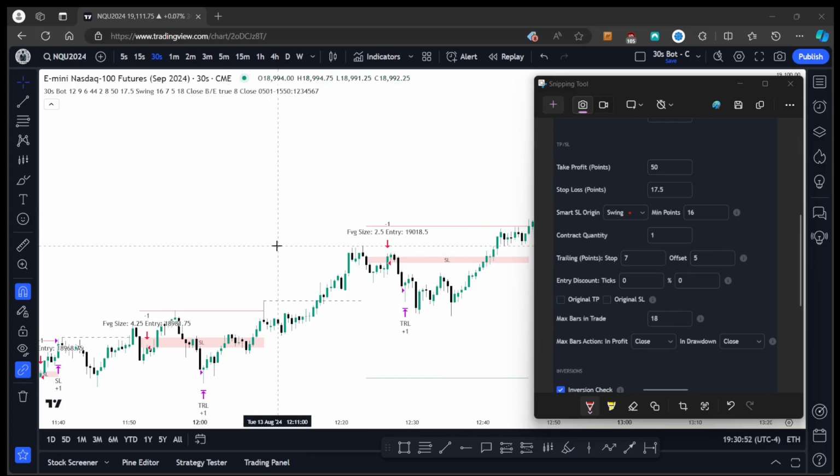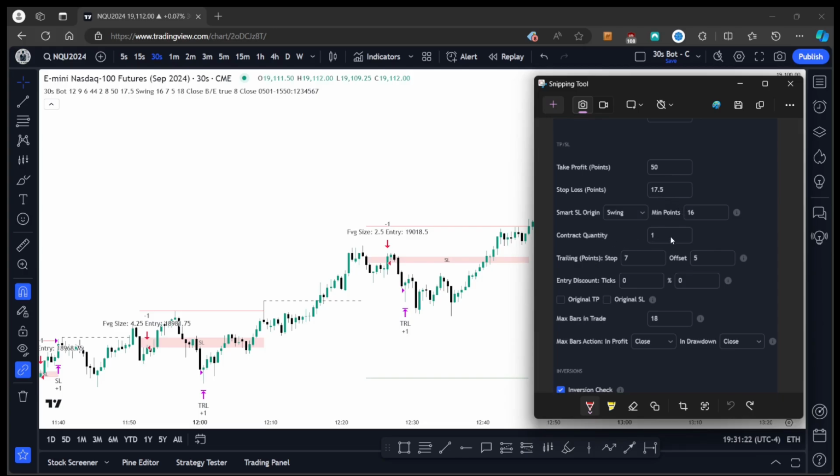It'll try to reduce your stop loss, which is 17.5 points in my case, to something smaller like 16 points in the event that the swing high or the FVG edge that is used for entry is in close proximity, and you don't need to use full 17.5 points to place a safe stop loss. You can actually use that edge to reduce the value in order to do that.